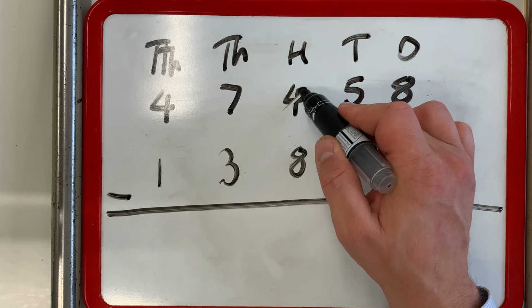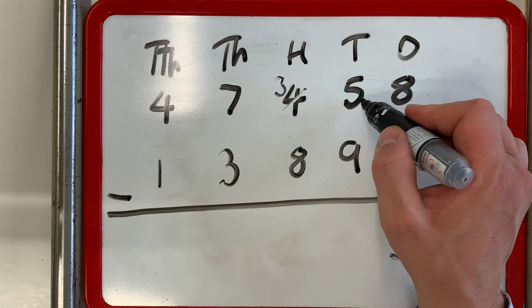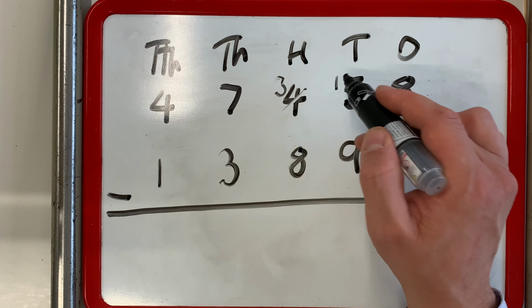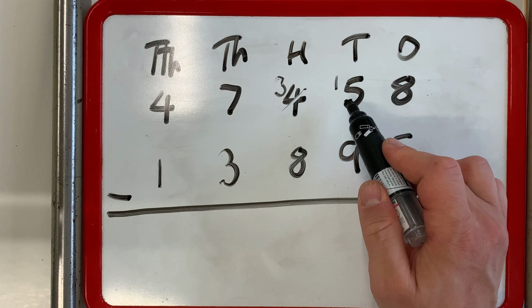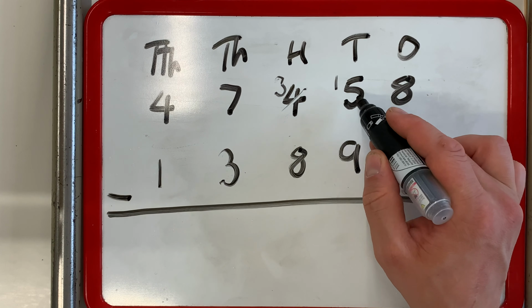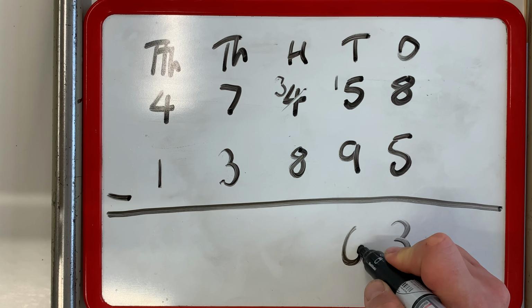So we go over to the 4 and we make that into 3. And then that gives us 10 in this column, because one of those is actually worth 100 because it's in the hundreds column. So this number here is 15. Now we've got 9 that we have to remove from the 15. That leaves us with 6.